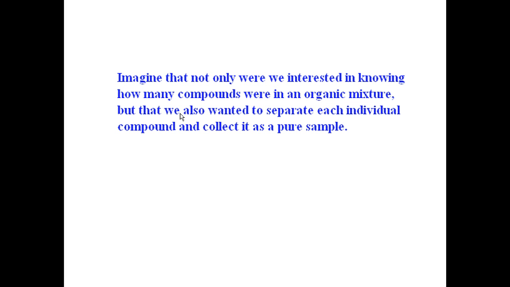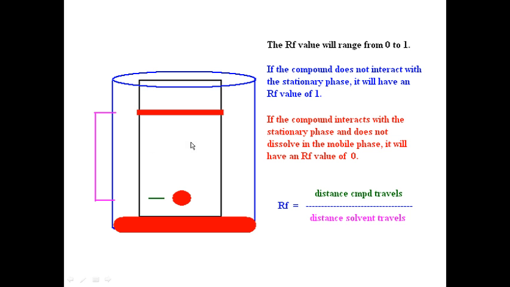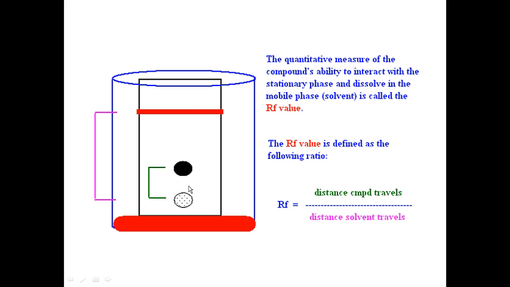But let's say that I determine that I have more than one component in my mixture and I wanted to separate them. Well, TLC is not the best method of separation. It can be done. You can actually develop the TLC and take a razor blade and cut the silica gel of this spot out and then redissolve your material into a solvent in order to separate one component from another.